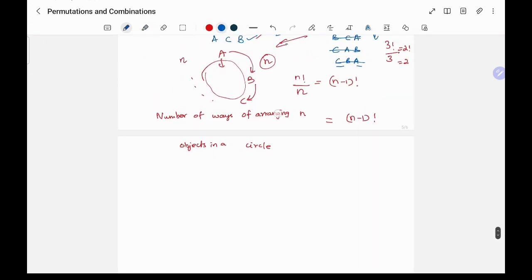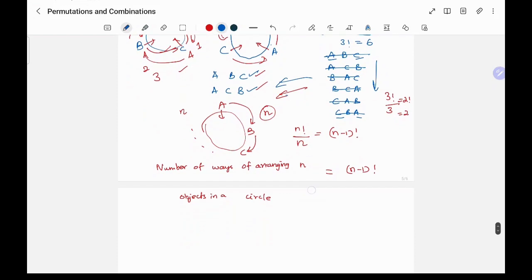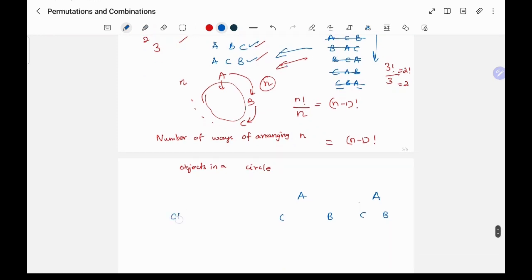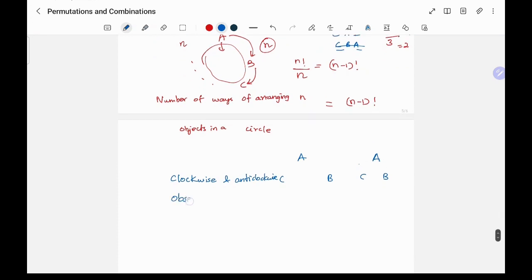In this case, ABC is not the same as ACB, right? So here we considered clockwise and anti-clockwise observations to be different.